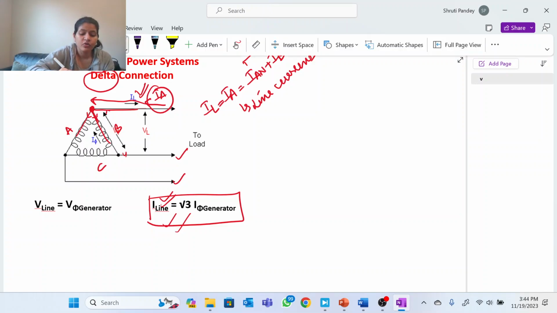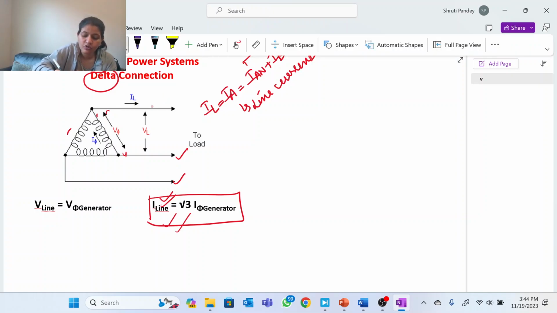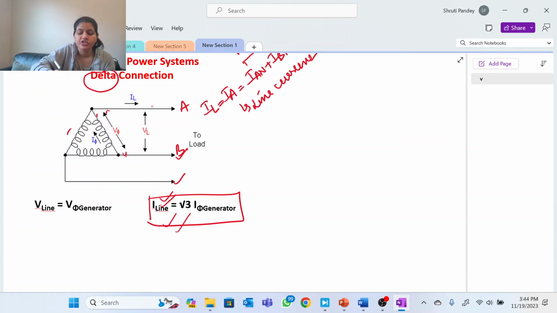And now we'll see the voltage relation. This is A and this is B. This is the line voltage between two lines, which we represent as VL. This voltage is equal to the phase voltage.